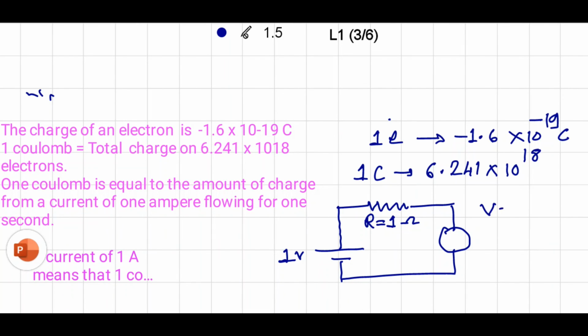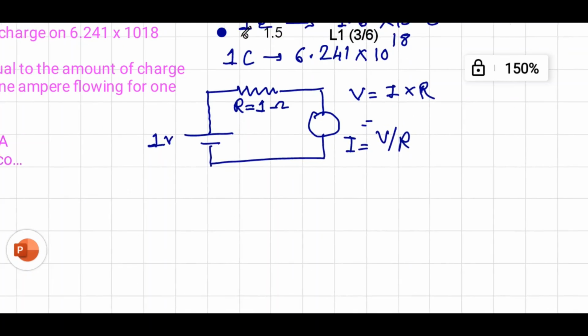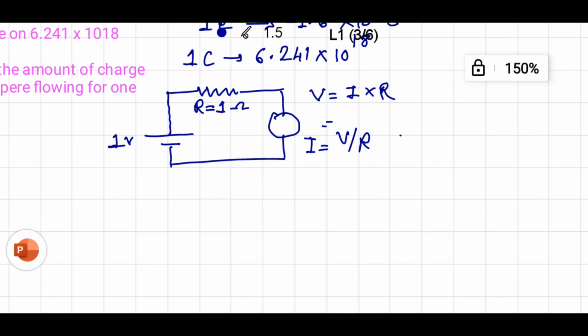V is equal to I into R, so I is equal to V upon R, that is 1 volt divided by 1 ohm, which is exactly 1 ampere. So now understand, when 1 volt is applied to a 1 ohm resistance, the current flowing through it is 1 ampere.